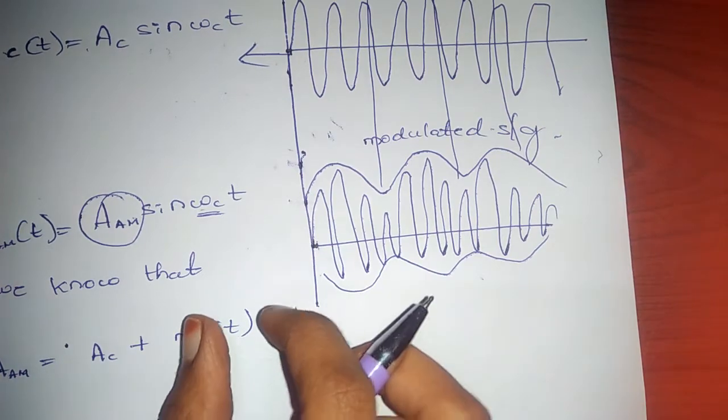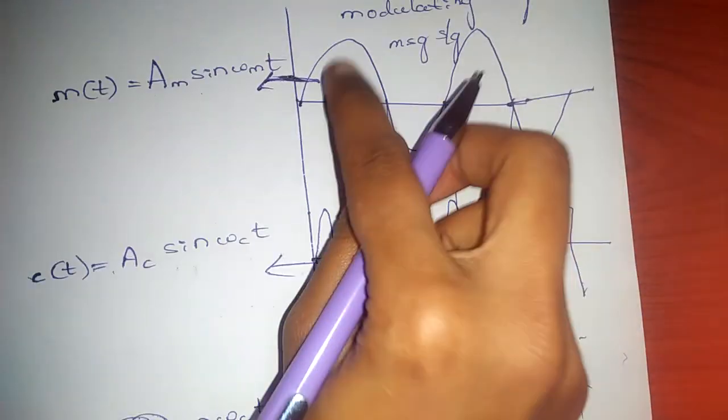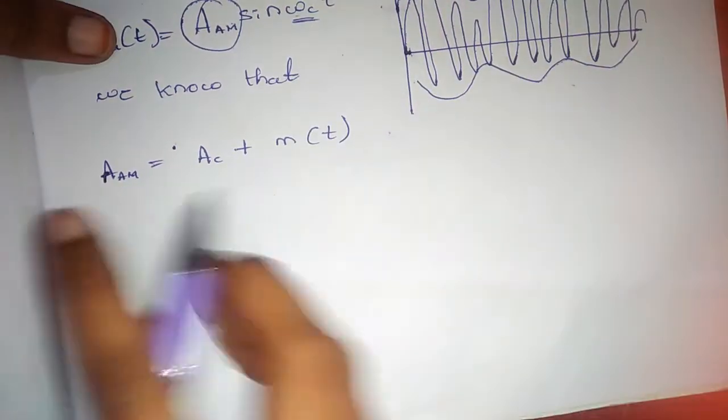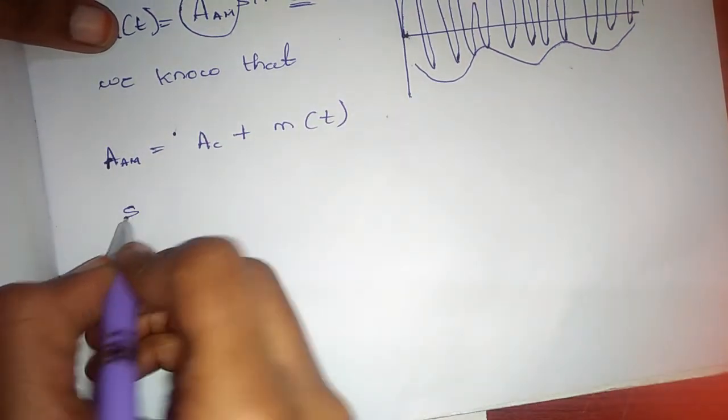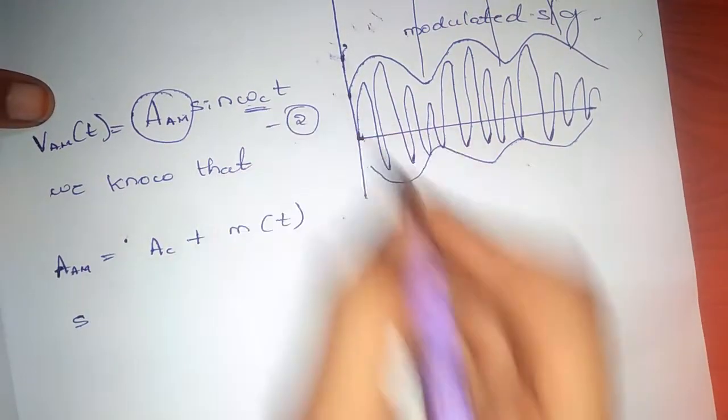Why m of t? Because the amplitude of the carrier signal is changing with respect to the modulating signal. So you can substitute. Let this be equation number 1 and this equation number 2.